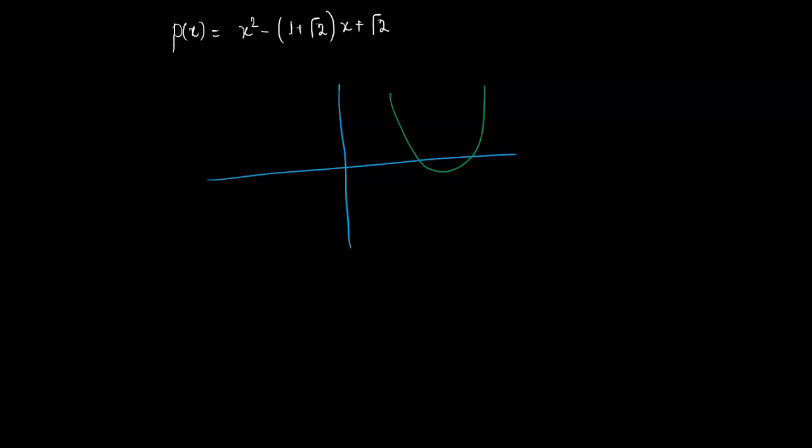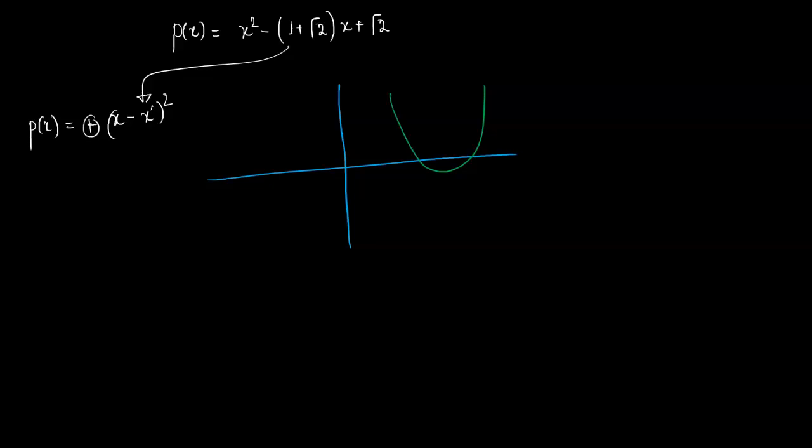Since it has two roots, and since here a is positive, or you can also say that if you frame this polynomial as a perfect square, it is going to be something like (x minus x dash) whole square, with a positive sign.